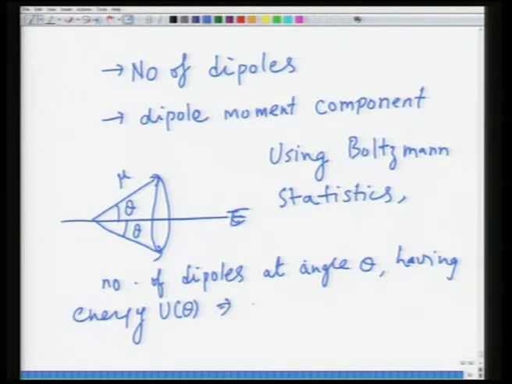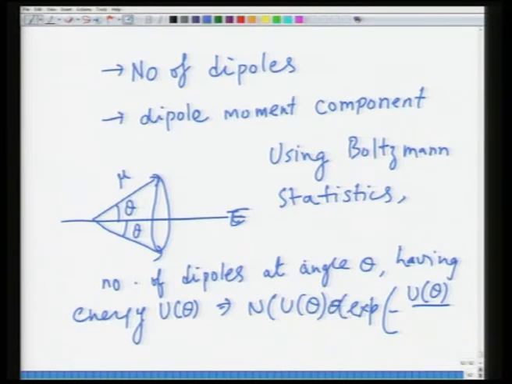This can be given as n(u theta) proportional to exponential of minus u theta divided by kBT. So this makes sense. This is nothing but Boltzmann statistics.